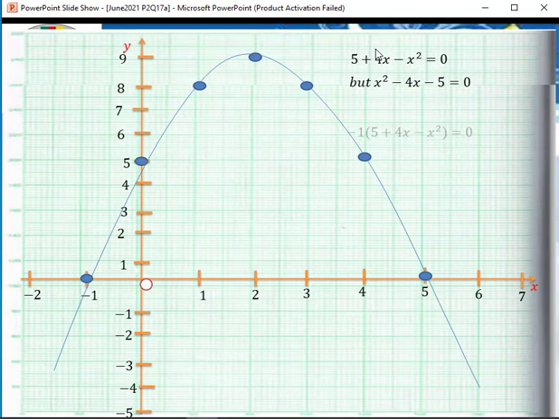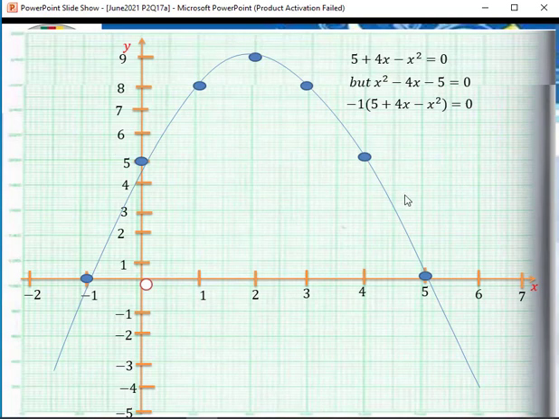So I will factor out -1 there so that -1 times 5 will give us -5 here. -1 times 4 will give us -4 here. -1 times -x squared will give us x squared. So if we factor out -1 here, we are going to have the original equation which we used to plot this graph, right? So what do we do next?